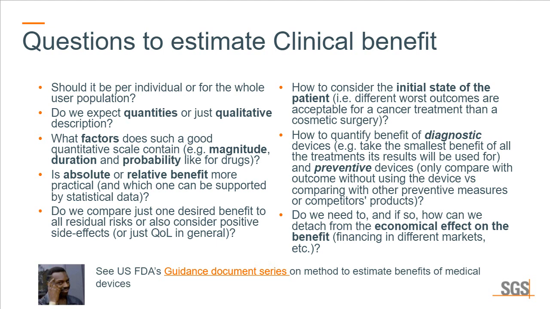Do we compare just one desired benefit to all residual risk, or do we also consider the positive side effects or just quality of life in general? How to consider the initial state of the patient, different worst outcomes are acceptable. Yeah, I already talked about this example. How to quantify benefit for diagnostic devices. Do we take the smallest benefit of all the treatments its results will be used to?